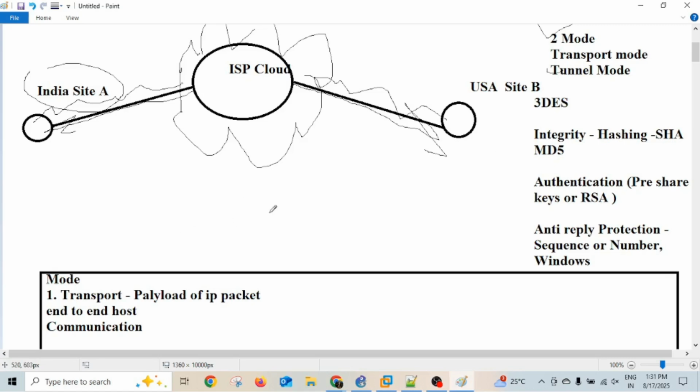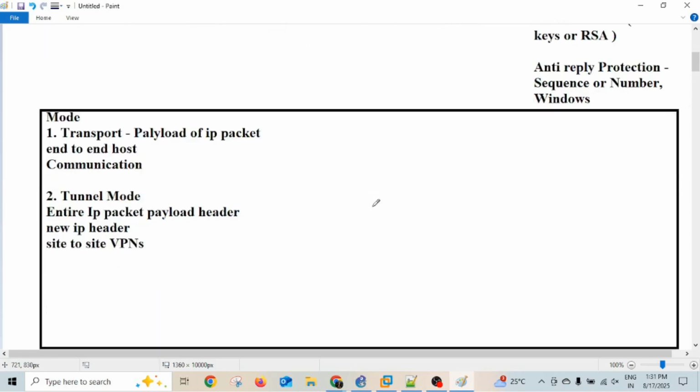It provides integrity, authentication, and anti-replay protection. Transport mode protects the payload of IP packets for end-to-end host communication. Tunnel mode protects the entire IP packet with a new IP header, used for site-to-site VPNs.